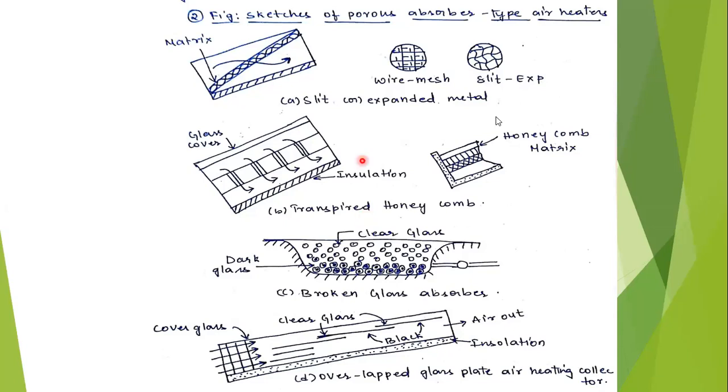And we should also properly select the number of matrix layers. If you go on adding matrix layers beyond the optimum, the solar radiation cannot be absorbed more efficiently because the heat cannot be trapped in the matrix.